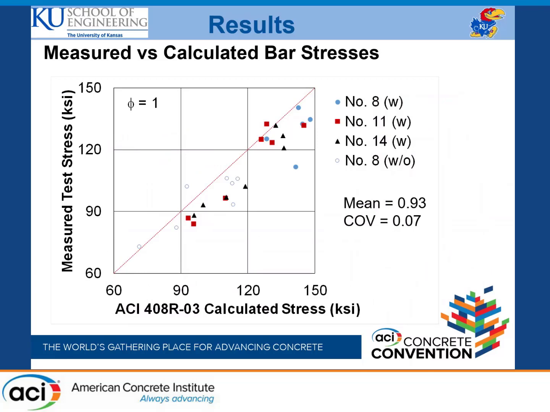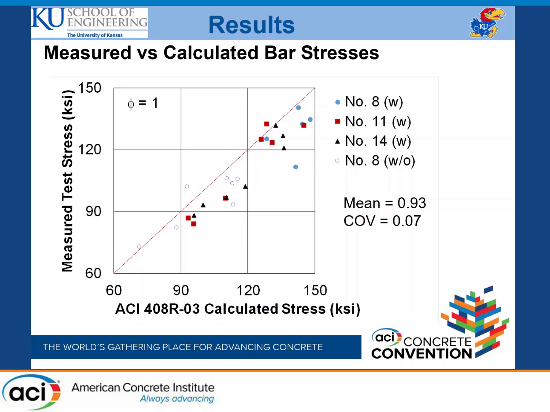And we are comparing basically to ACI 408 equations and provisions, and also with ACI 318-19 building code provisions. We are comparing our measured bar stress with the calculated bar stress.